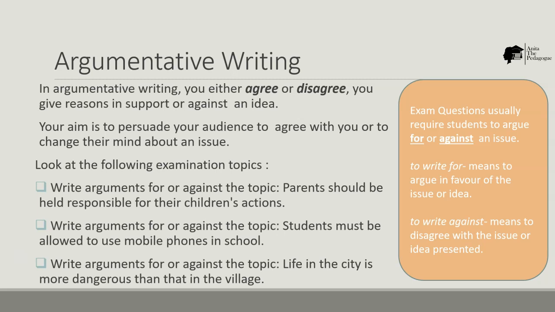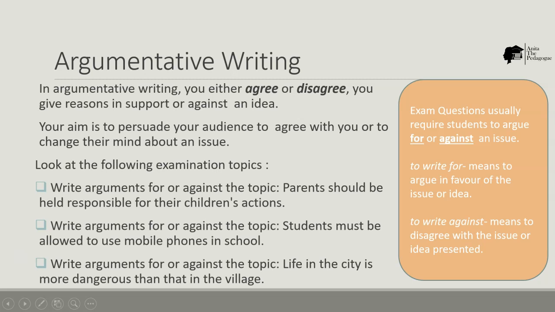What does it mean to write for? When you write for, it means that you argue in favor of the issue or idea. So let's take the first examination question, which says write arguments for or against the topic. Parents should be held responsible for their children's actions. If you write for this topic, it means that you are saying that parents should be held responsible for their actions.